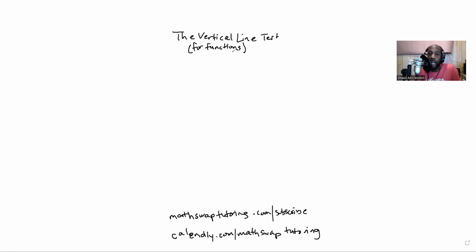The vertical line test is a simple test you can do whenever you have a graphed function to help you determine whether or not that function is a function.